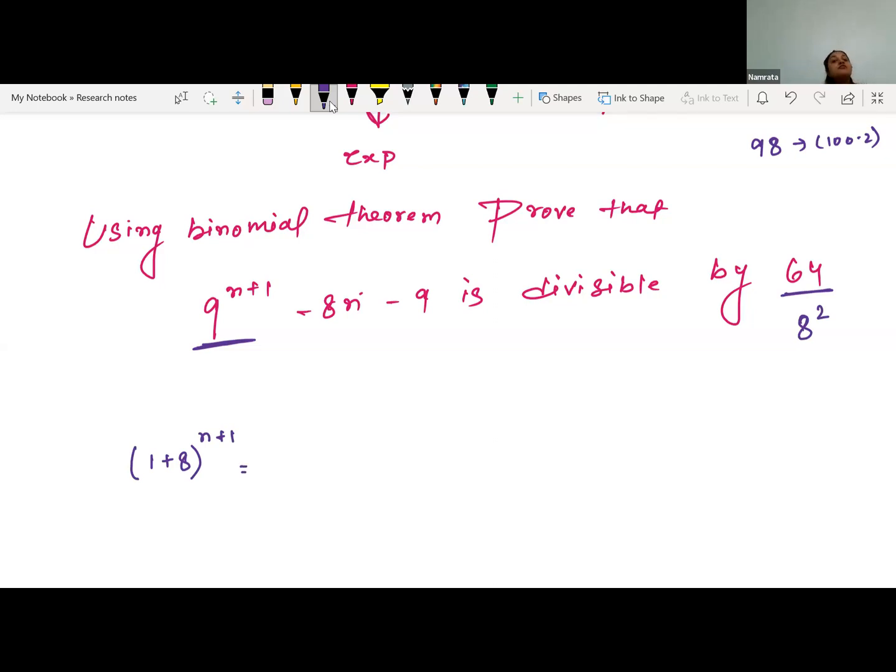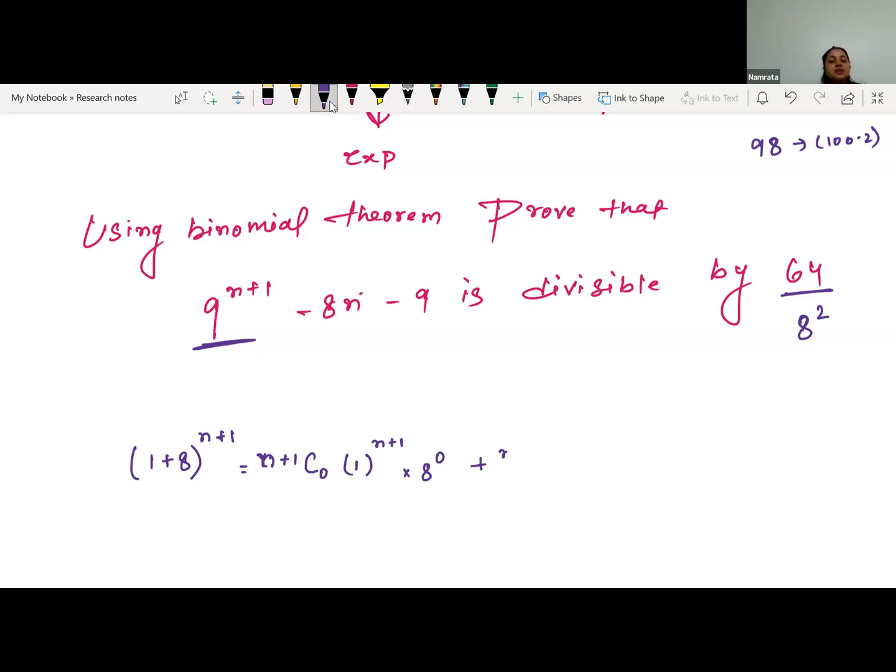Let's do it carefully. So first term is nc0. So can I write n plus 1 c0? Yes, ma'am. 1 to the power this minus this, that means 1 to the power n plus 1 into 8 to the power 0.